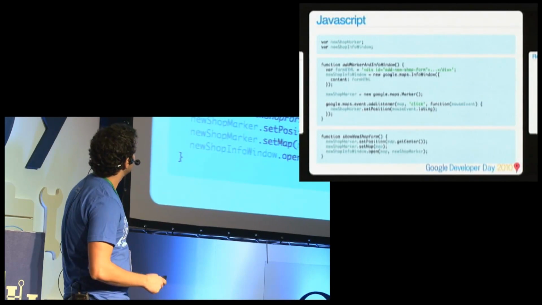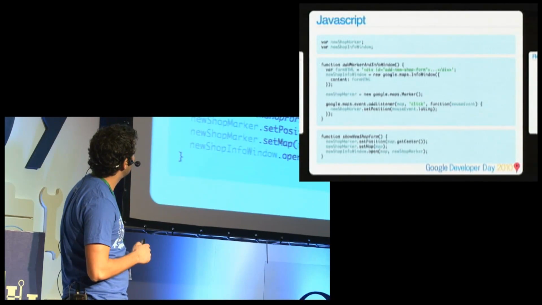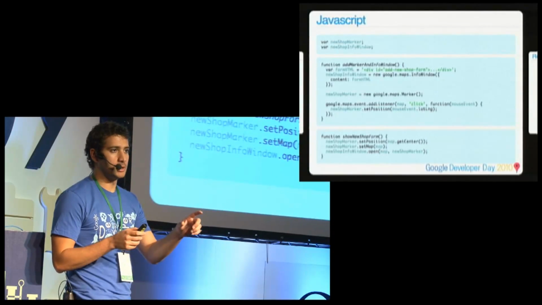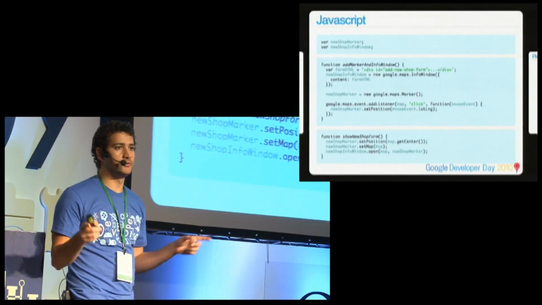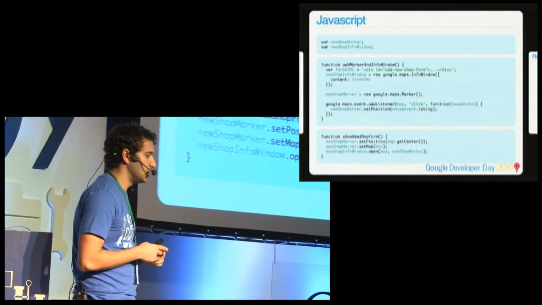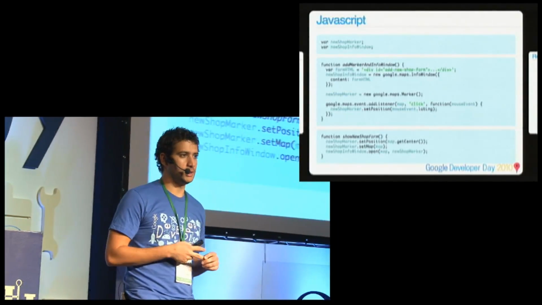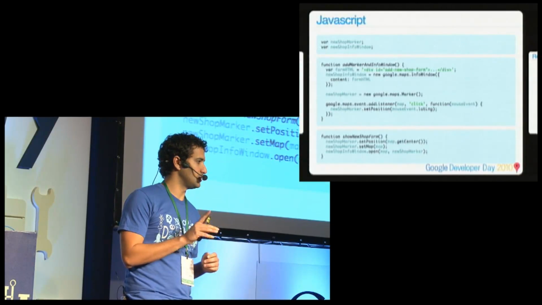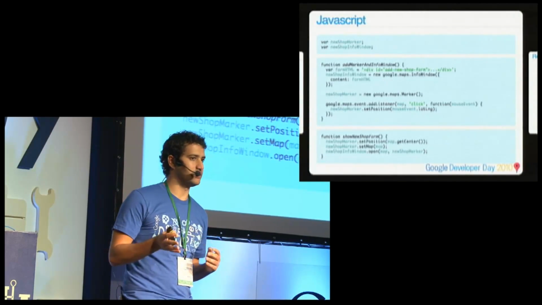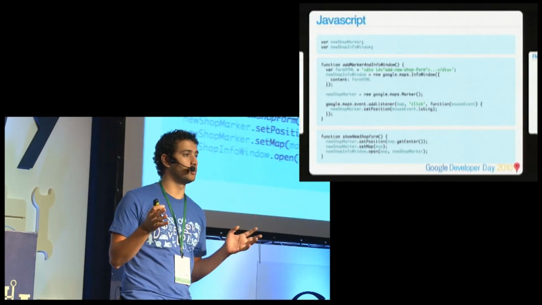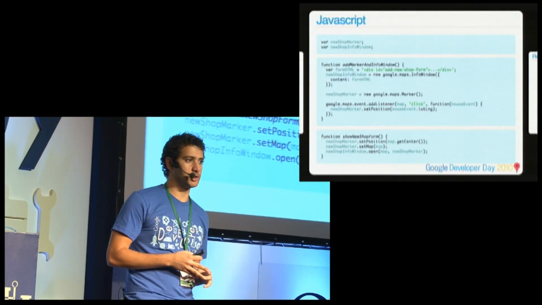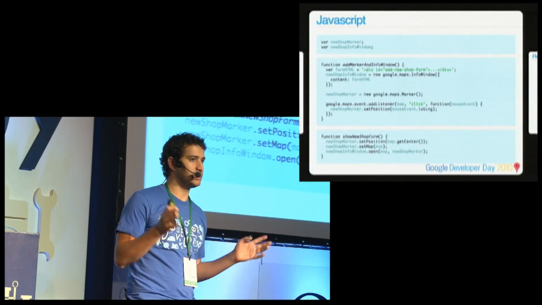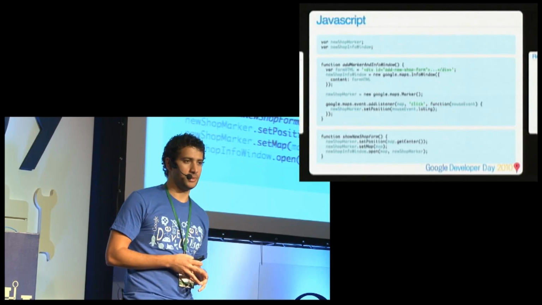So I want to drop a new marker when I'm adding a shop, and I want to open an info window on that marker. Another difference between V2 and V3, V2 had one instance of info window throughout the lifetime of the application. So you can only open one info window on the map. V3 doesn't have that restriction. You can add 10, 20 info windows to the map.